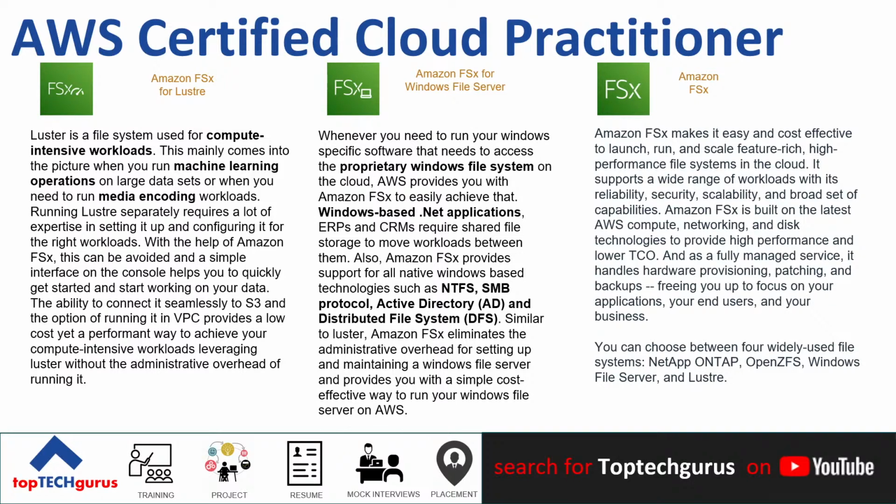Those are four different file systems that are widely used. What we essentially need to know is this is easy to launch, easy to run, and easy to scale. It's a high performance file system on the cloud.